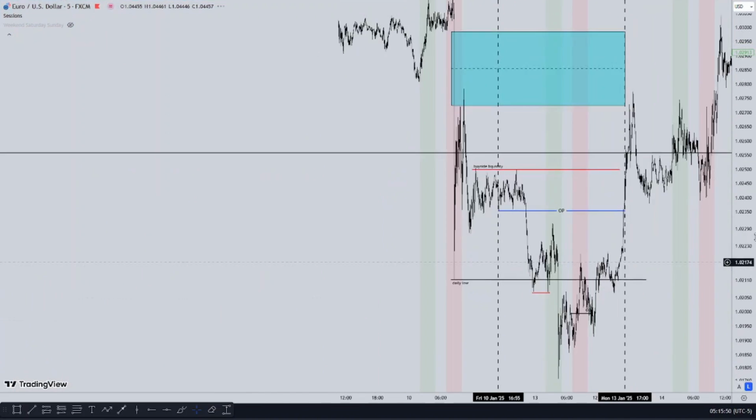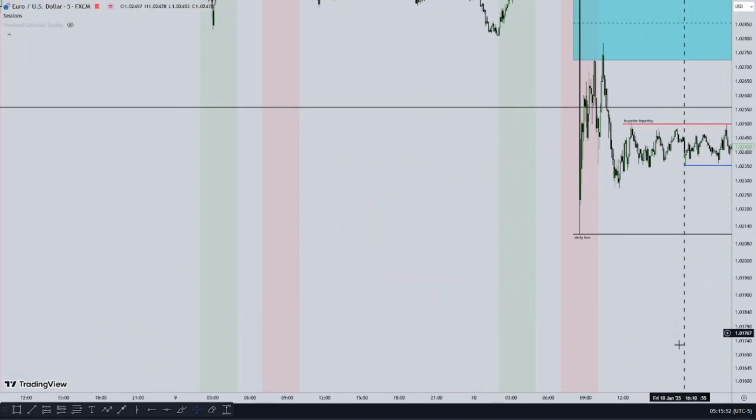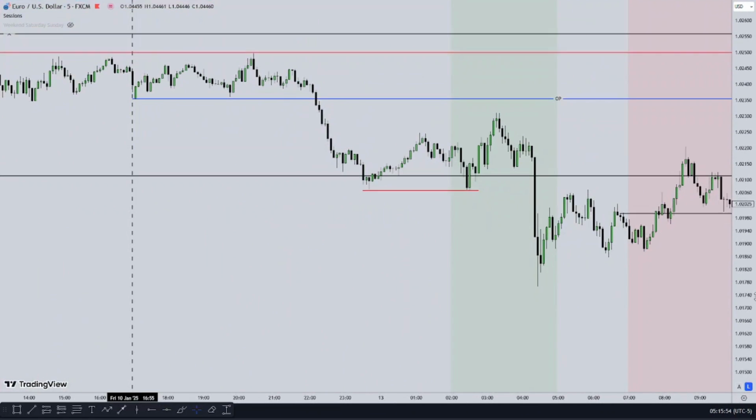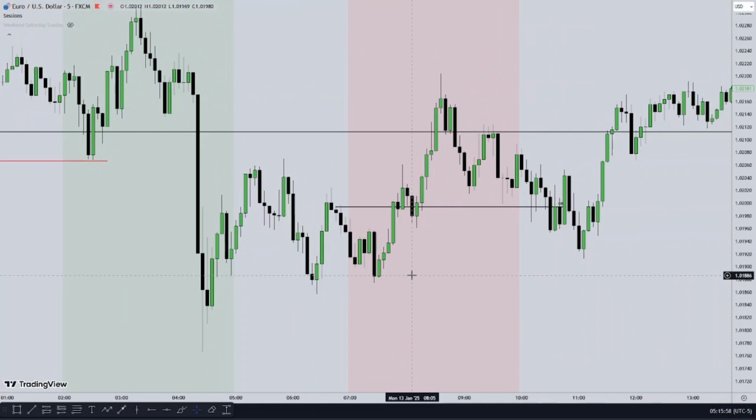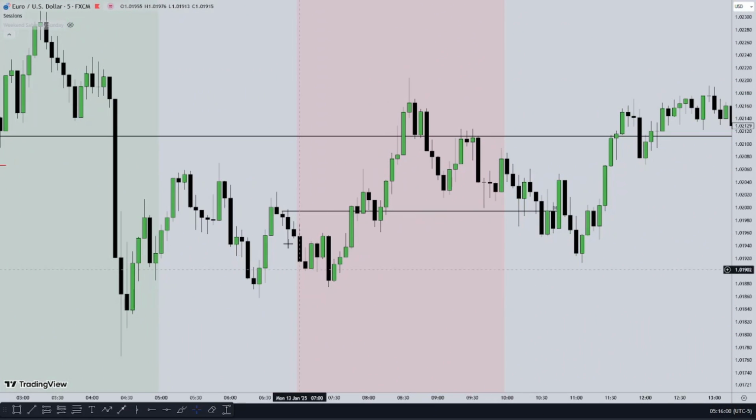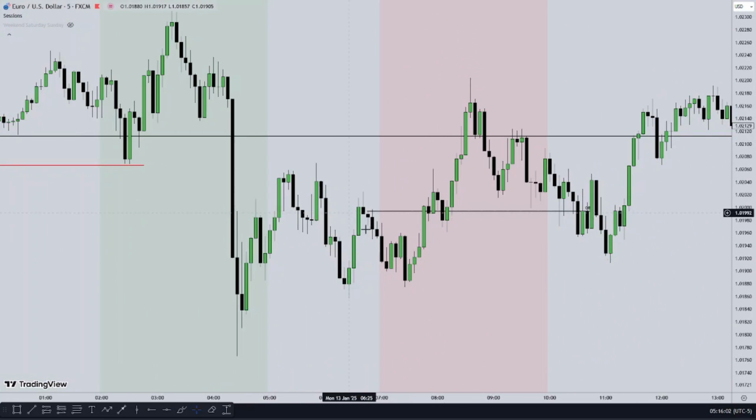Now, on the 5 minutes, here's the shift in market structure. After the shift in market structure, look at where price shifts structure, retracement, back to the order block.